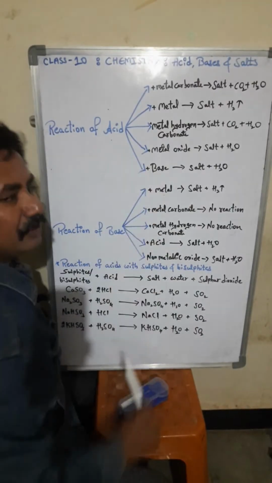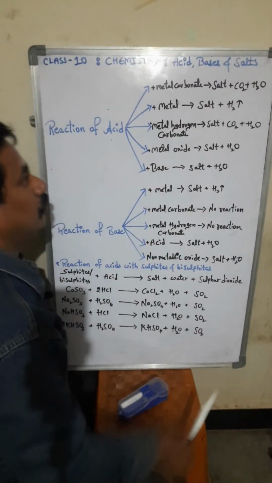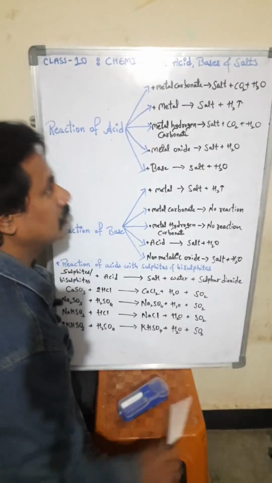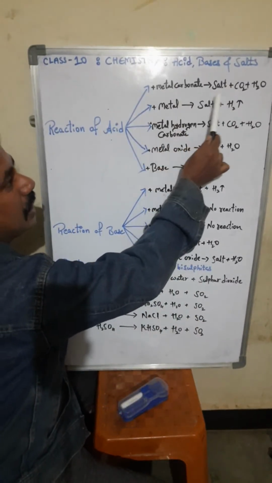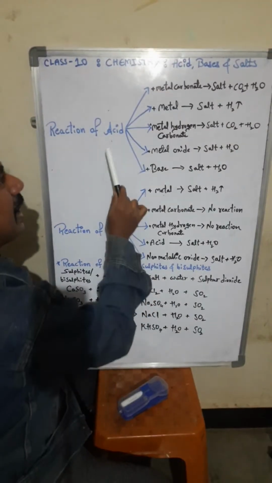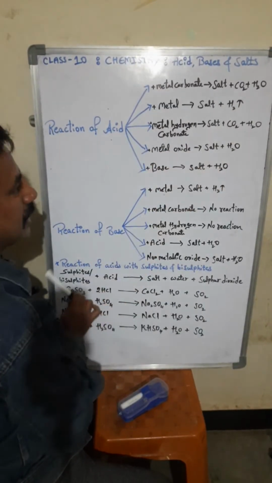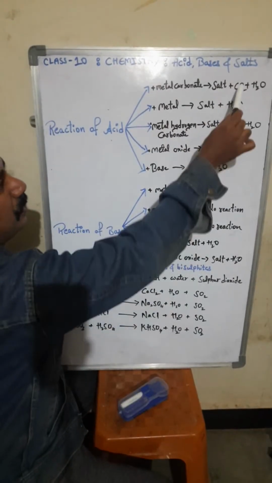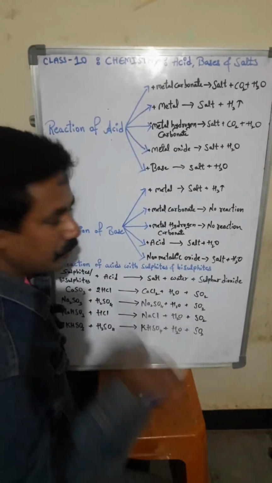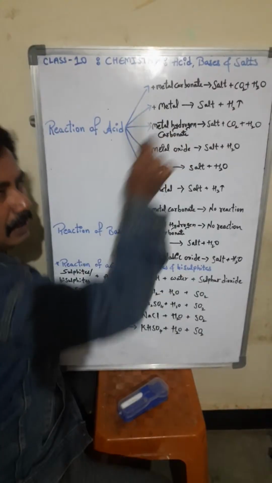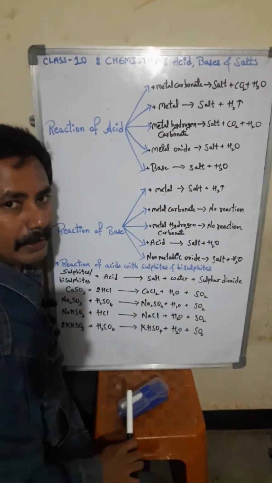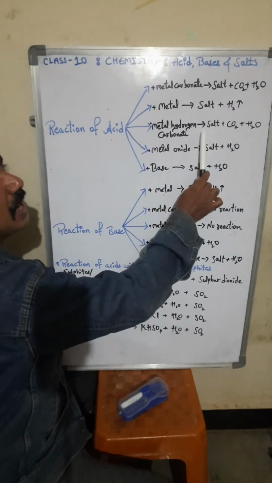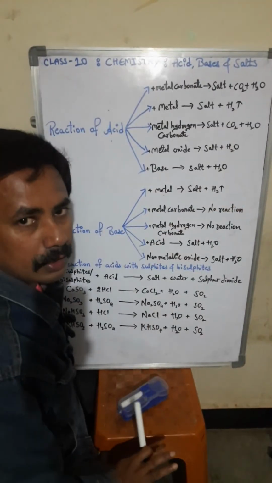When acid reacts with any metal, what will be the result? Salt plus hydrogen gas. Acid plus metal carbonate gives salt plus carbon dioxide plus water. Acid plus metal gives salt plus hydrogen gas. Acid plus metal hydrogen carbonate gives the same: salt plus carbon dioxide plus water. Remember, when acid reacts with metal carbonate or metal hydrogen carbonate, the result will be salt plus carbon dioxide plus water.